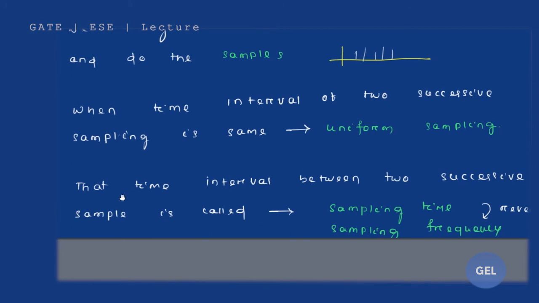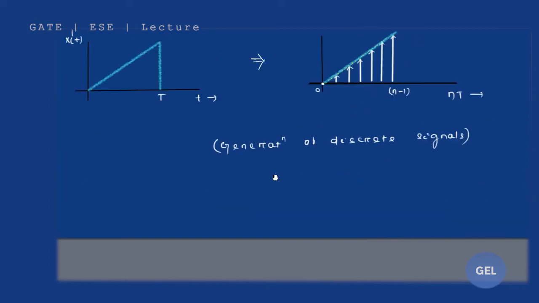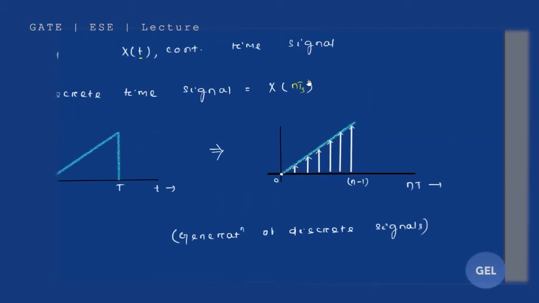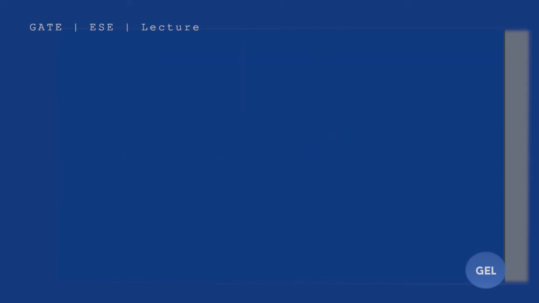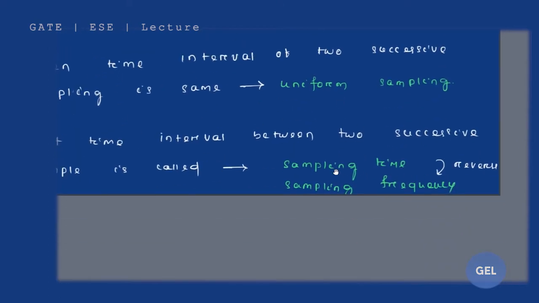And the time interval between two successive samples, for example this is t1 and this is t2 minus t1, is your sampling time, that is your Ts. The Ts that I was mentioning is nothing but the time interval between two successive samples, and 1 by Ts is regarded as the sampling frequency.